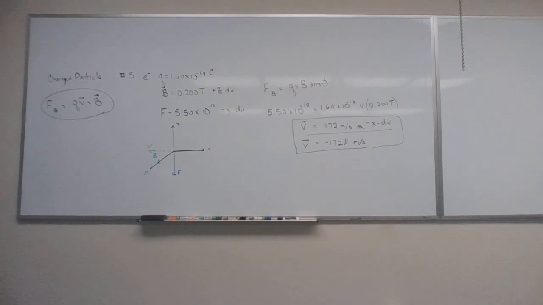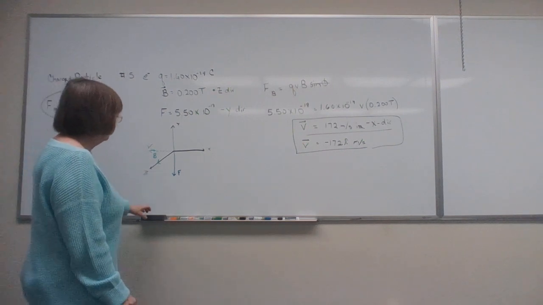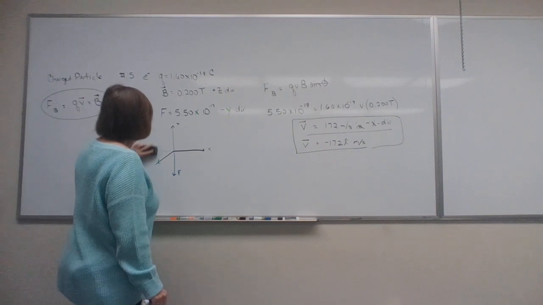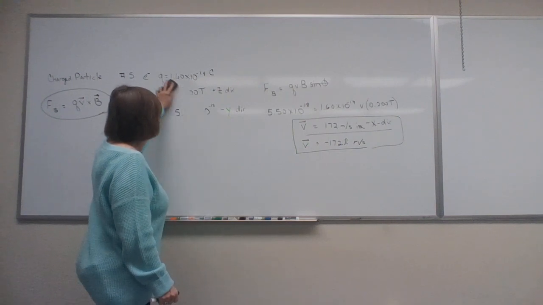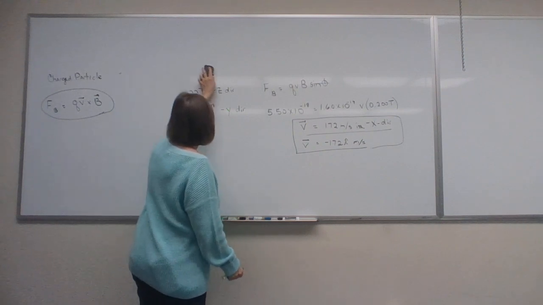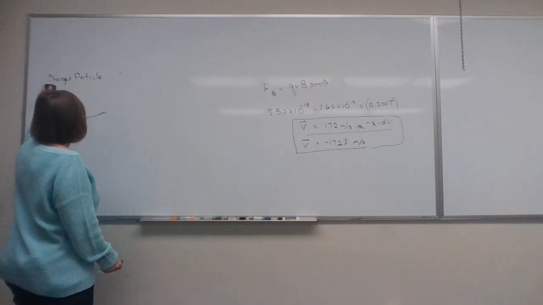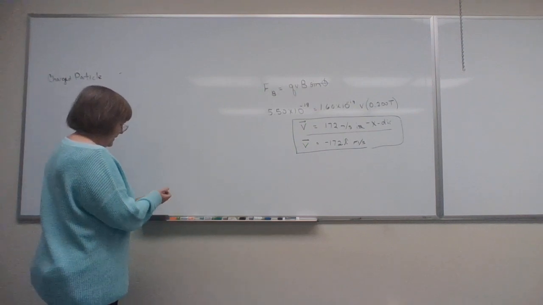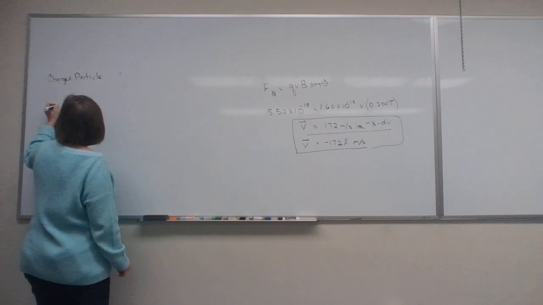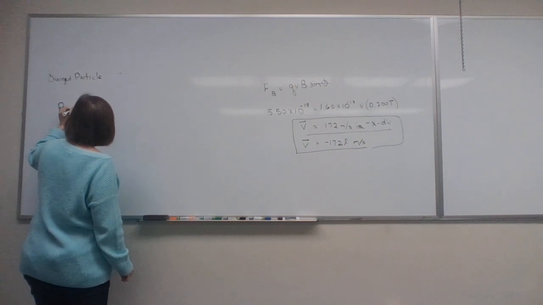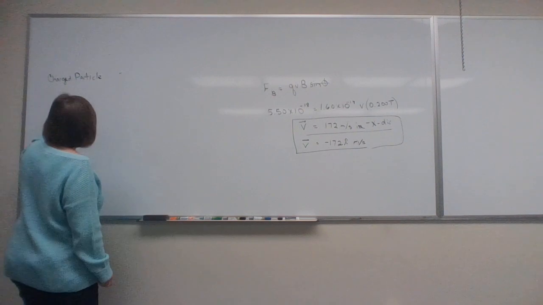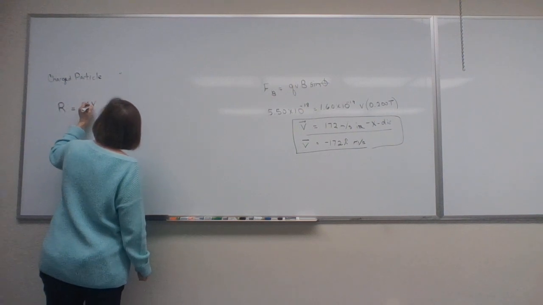If I push forward a little bit, one of the other ideas that's really important is how these charged particles move when they enter magnetic fields. And we found out earlier that if the velocity is perpendicular to the magnetic field, then they will move in a circle, and that circle has a radius equal to the momentum of the particle over QB.